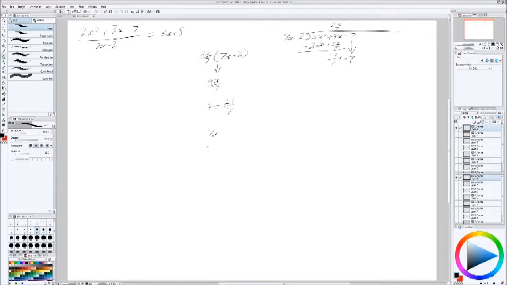So we have to actually divide by 7 squared, 49, and multiply by 17. So we end up getting 17x over 7 minus, so 17 times negative 2 is 34 over 49. Oof, as I said, not pretty.